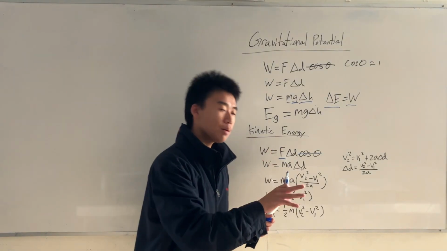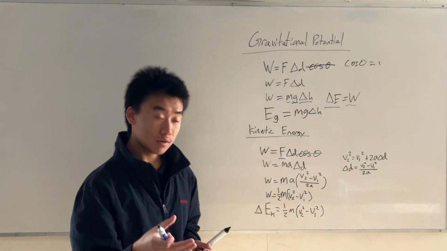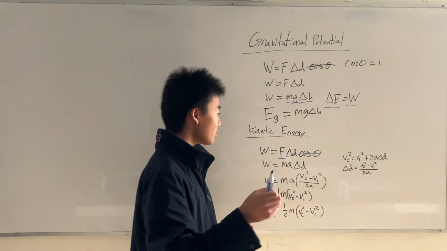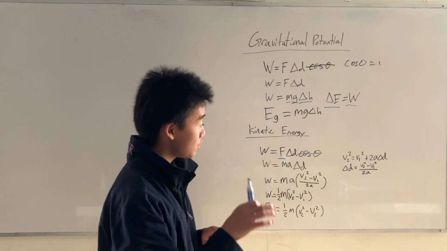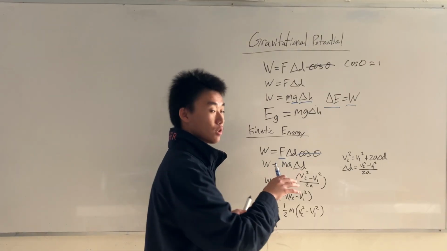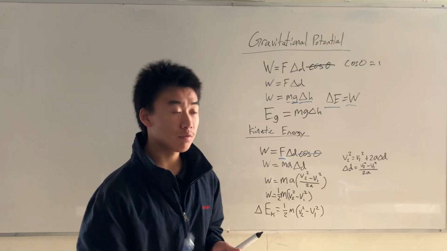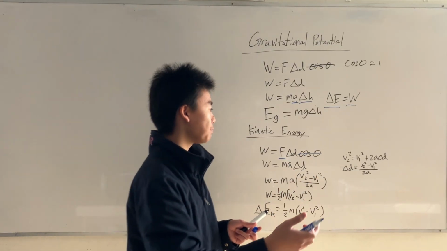Now, going back to kinematics, we have one of our big 5 equations, which is V final squared is equal to V initial squared plus 2AD. And rearranging that, we get delta D is equal to V2 squared minus V initial squared over 2A, A being the acceleration, V2 or V final being the final velocity or speed, and V1 being the initial velocity or speed.